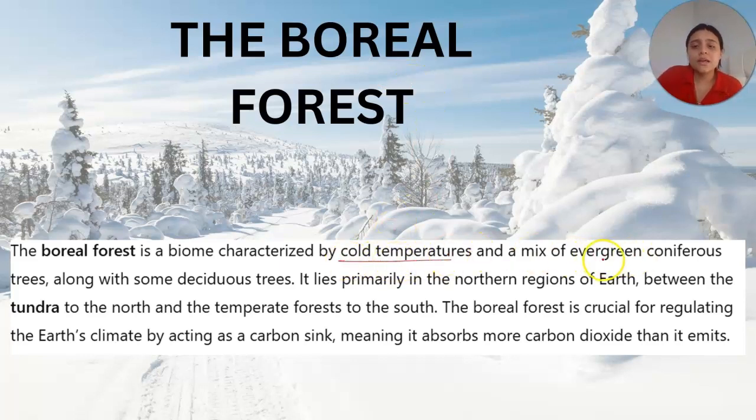This has a mix of evergreen, coniferous and deciduous trees. The boreal forest is crucial for regulating the earth's climate, and it has the tundra ecosystem. We have learnt about the tundra ecosystem, which has low temperature.